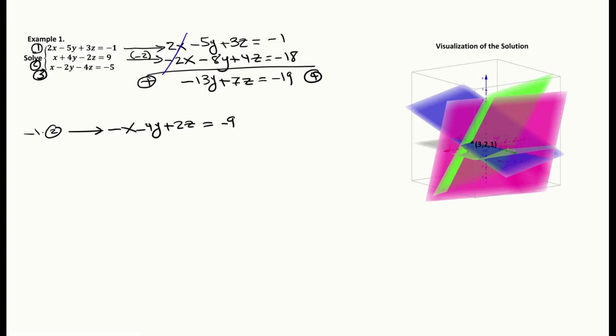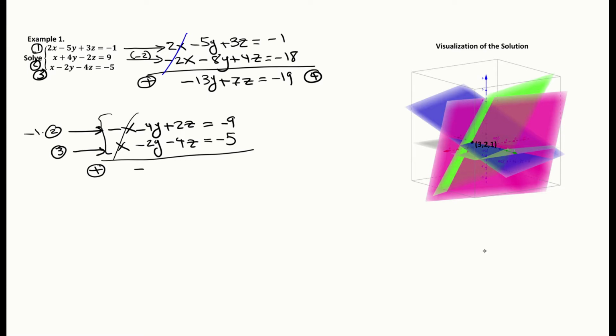All right, so for equation 3, we're just going to bring it over. This is what equation 3 was. So x minus 2y minus 4z equals negative 5. We're just rewriting that. We're not multiplying by anything. All right. So now if we add these two equations, again, those two will cancel out.